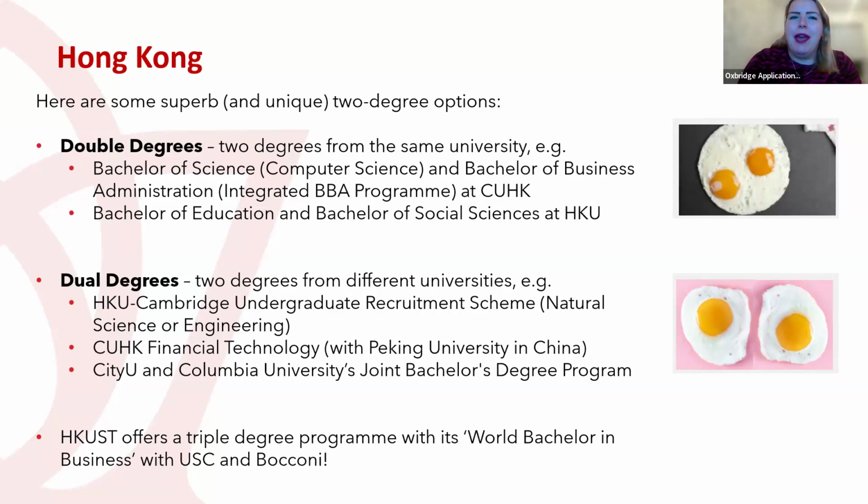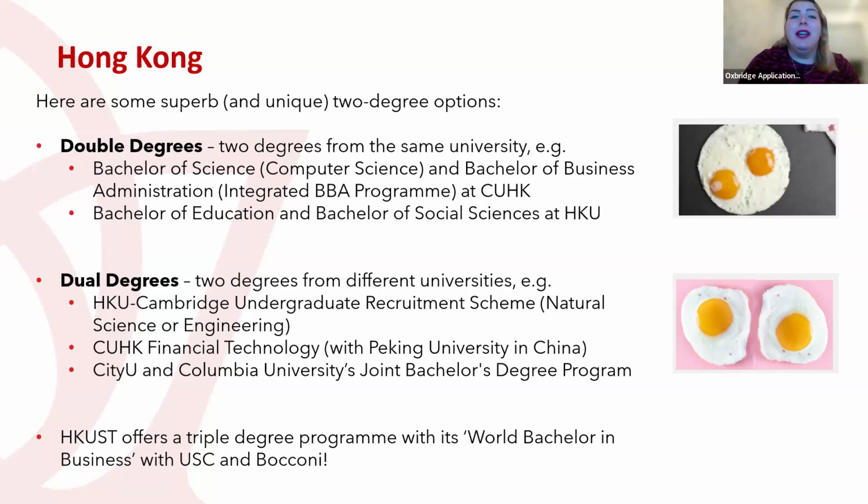So how does that compare to dual degrees? Well, with dual degrees, it's 2 different degrees from 2 different universities. So if you look at the image of the eggs, they are just 2 completely separate fried eggs. 1 degree in one university and another degree in the other university. So 2 separate experiences.